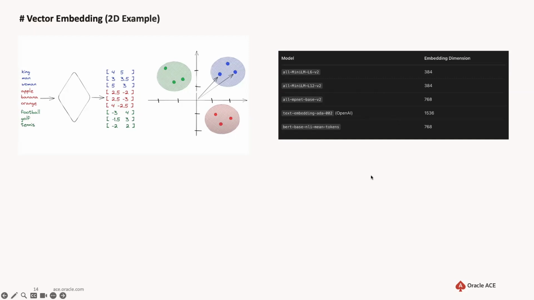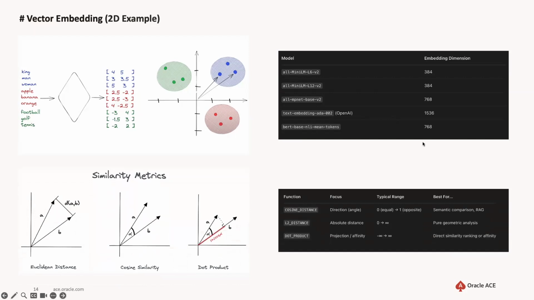So here comes the next part, which is similarity metrics. In this case, we use math calculations to determine if the data is similar or not. Remember when I said that in a relational database we ask for exactly what we are looking for, specific information.